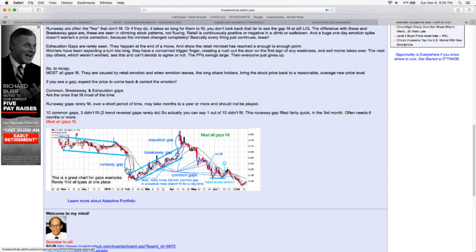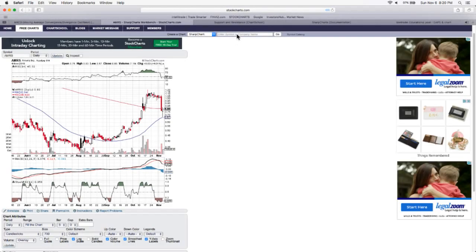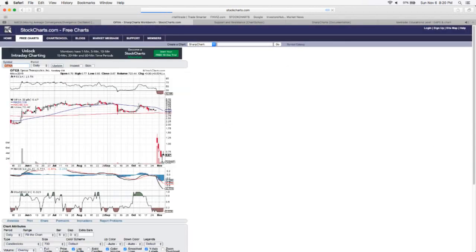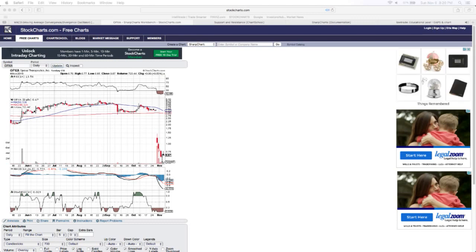Gaps are really good because basically if you have a gap down, let's look at OPXA here. At OPXA, you have a big gap down. Price was 330. Next day it opens up at 125.